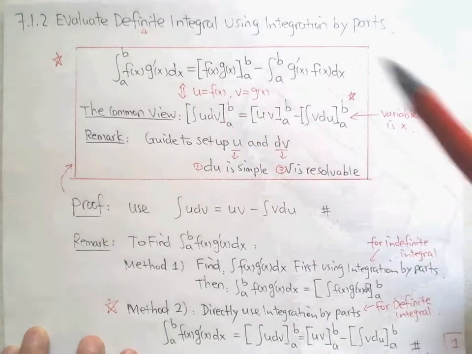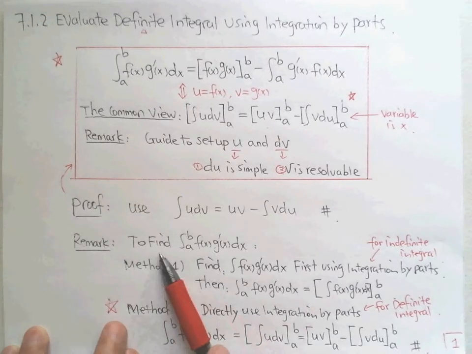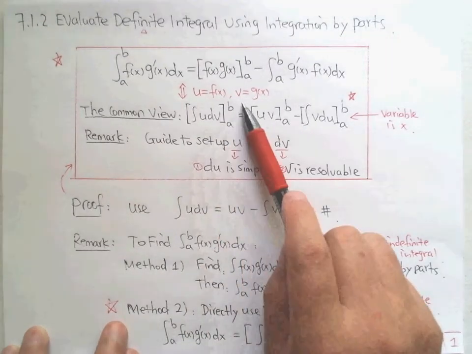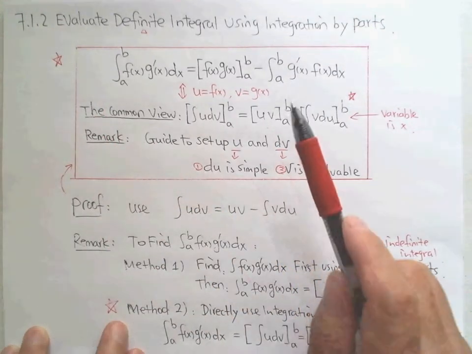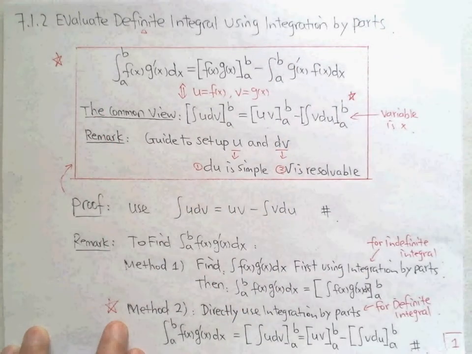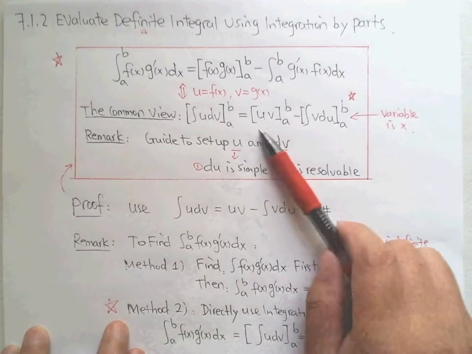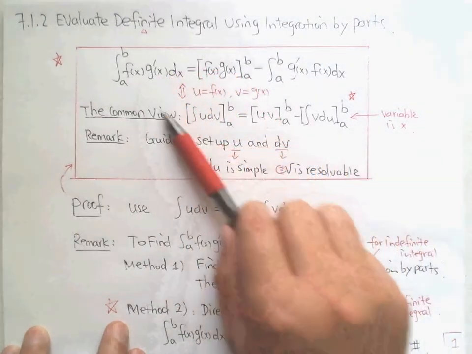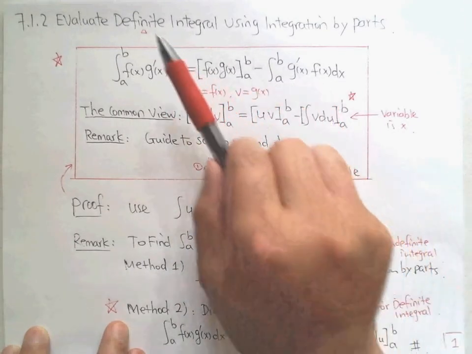One more thing I have to show you. We said there's no big difference between the definite integral and the indefinite integral, right? Therefore, you don't need to use this integration by parts formula exactly for the definite integral. What does that mean?